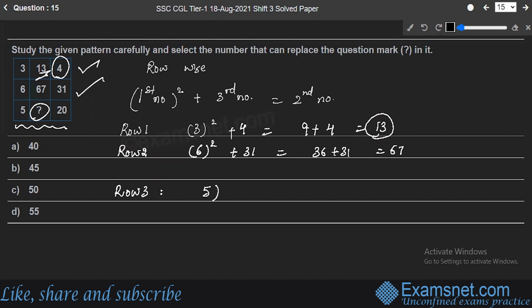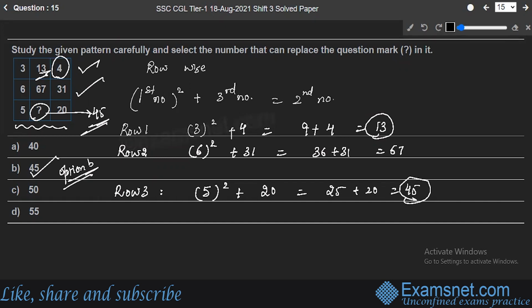First number 5, 5 square plus third number which is 20. This is 25 plus 20 which is equal to 45. So what will come at the place of question mark? It is 45. Option B is the correct answer to the question. Hope you are clear with this. Now let's move to the next question.